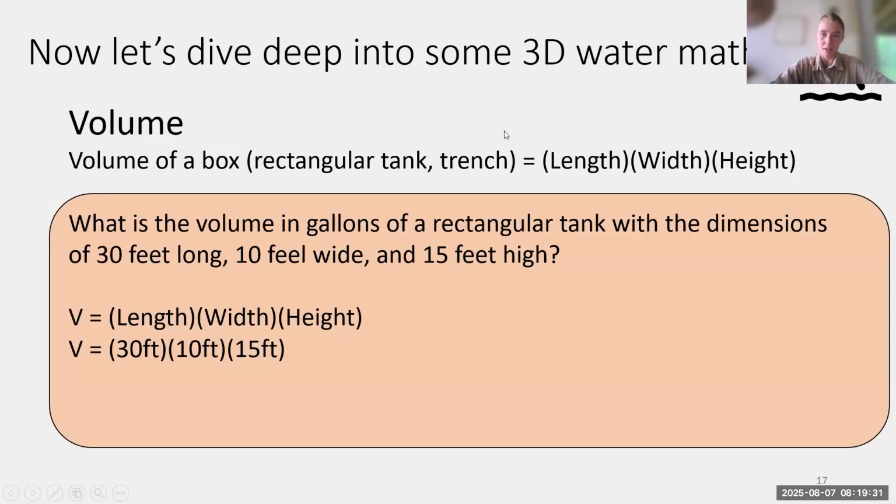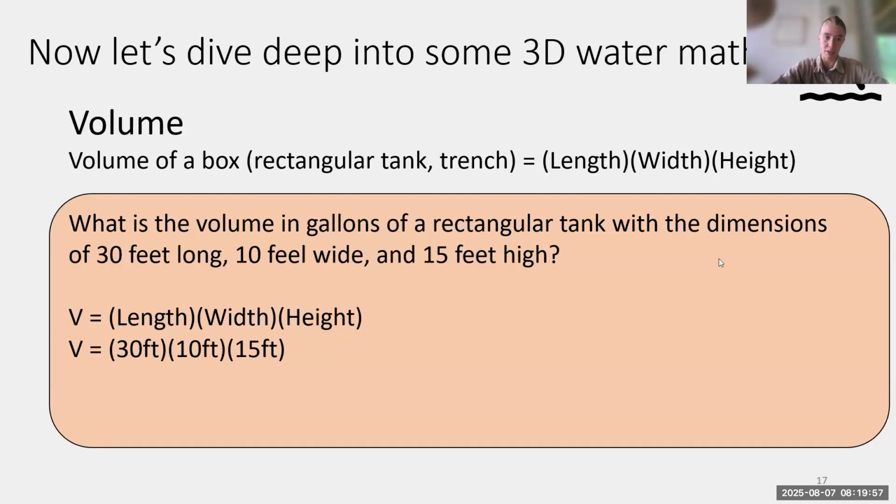When we talk about three different dimensions of space, length, width, and height, then that's going to be volume. So if we're trying to find the volume of a box, it's going to seem similar, right? The area, which is length times width, but then we're adding that third dimension of the space, which is height as well. And that's what makes it a calculation for volume of a box.